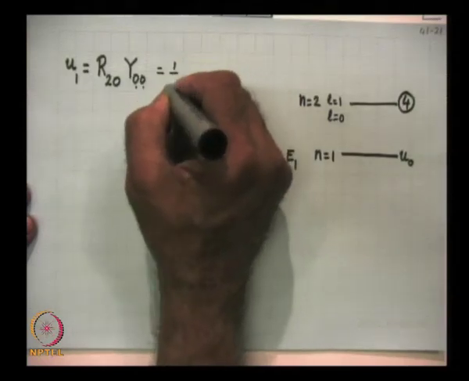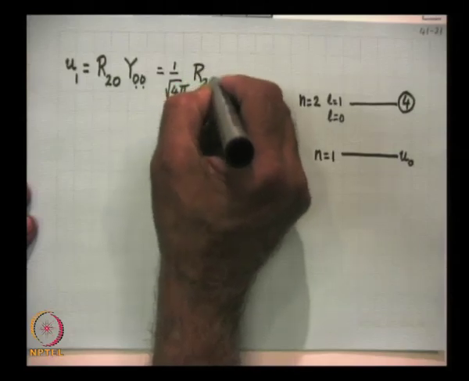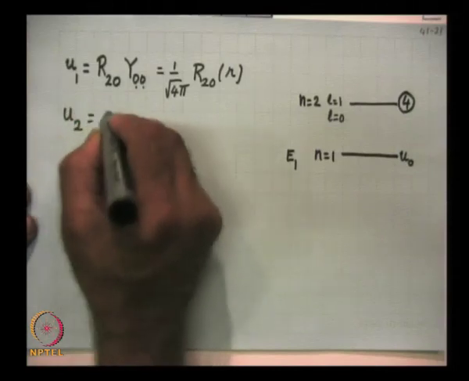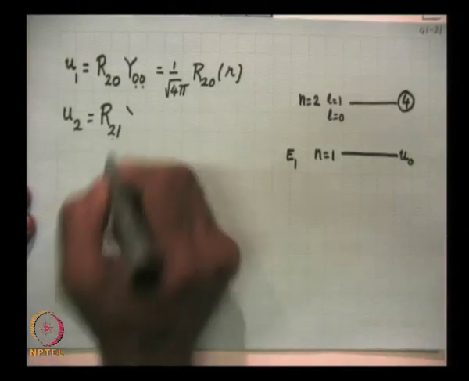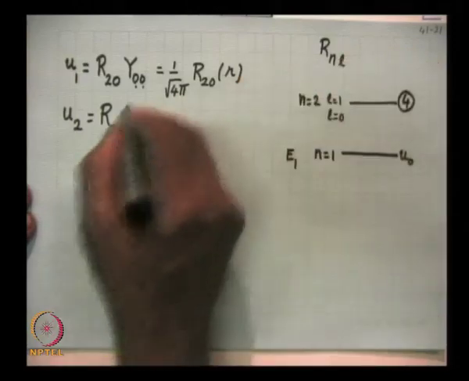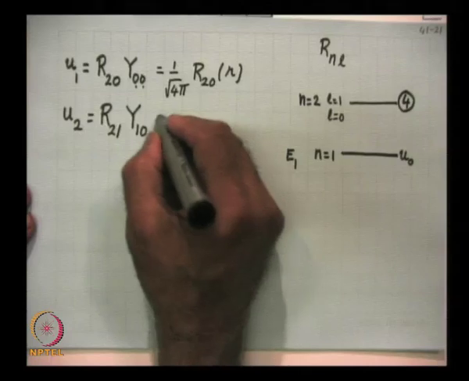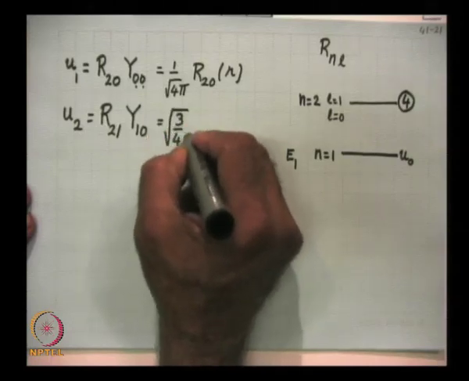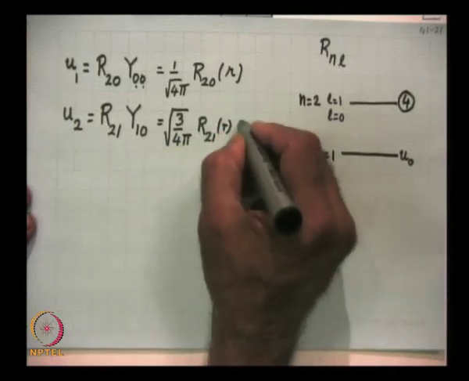So, this is 1 over under root 4 pi times R20 of r. Then u2 will be R21 Y10, where L is 1 and m can be 0, and this will be under root of 3 by 4 pi, as we had derived, times R21 of r cos theta.